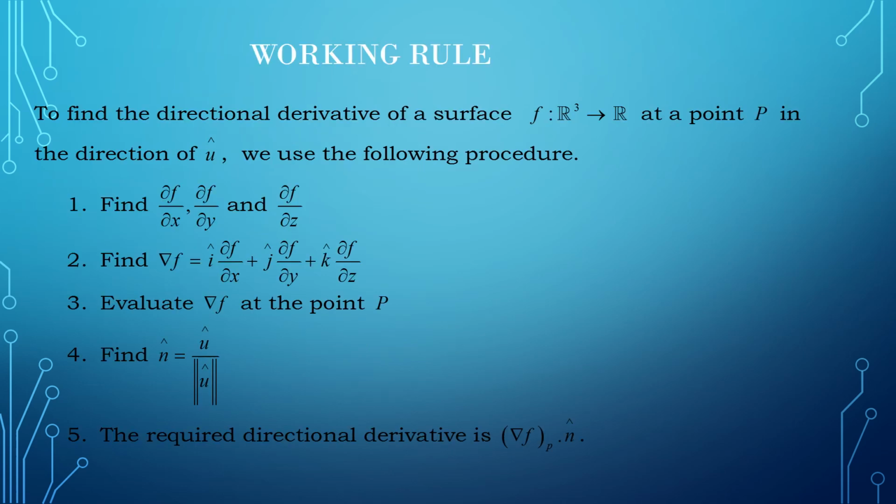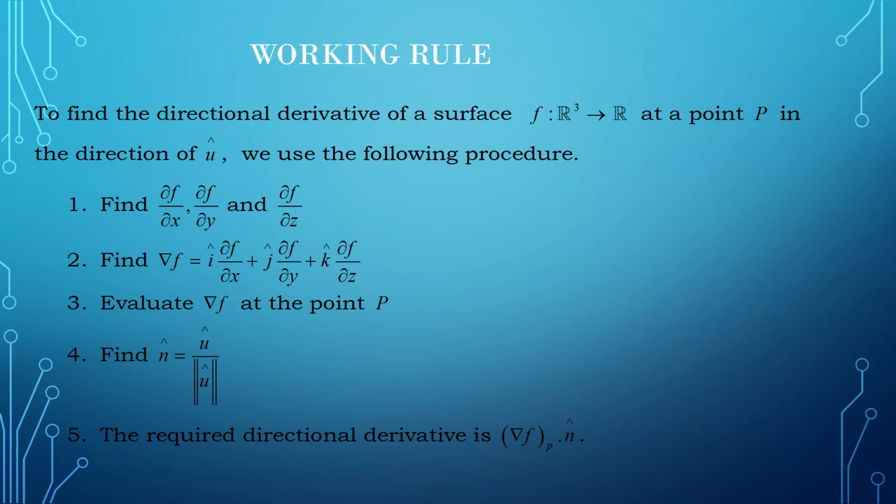While finding the directional derivative of a given scalar field f from R3 to R at a given point P in the direction of a given vector u cap, we follow this procedure. In step 1, we find the partial derivatives of the given scalar field: ∂f/∂x, ∂f/∂y and ∂f/∂z.